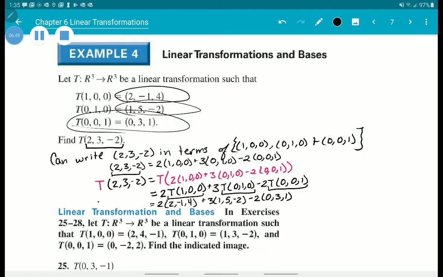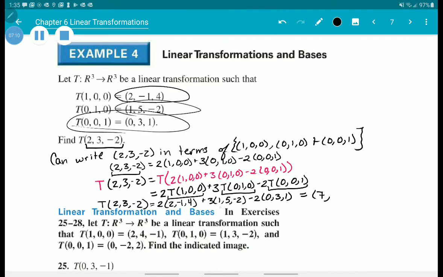So then the transformation of 2, 3, negative 2 is going to be equivalent to this linear combination. So I'm going to have 4 plus 3 minus 0.